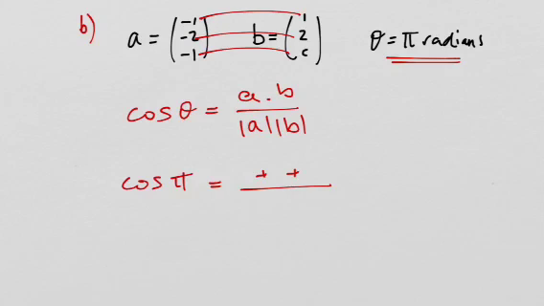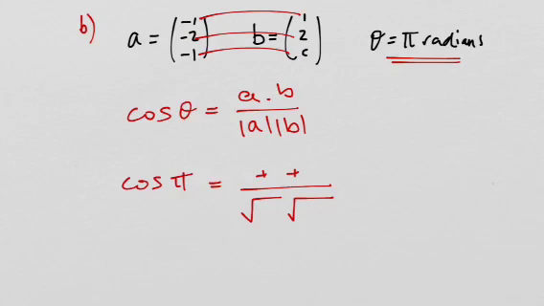So you're going to get something on the top. The length of vector A is the square root of negative 1 squared, negative 2 squared, negative 1 squared, all added up. And then the length of B is going to be 1 squared, 2 squared, and c squared, all added up.